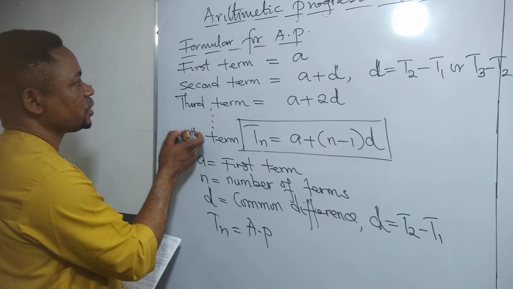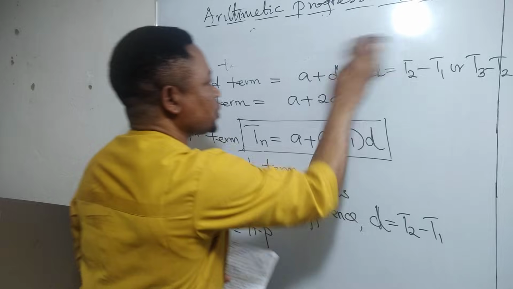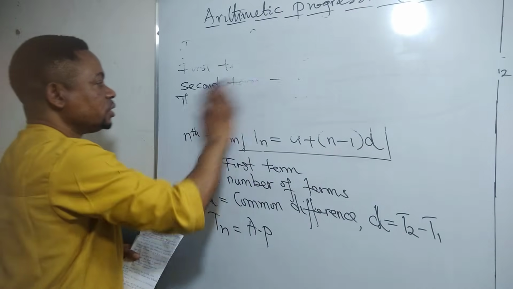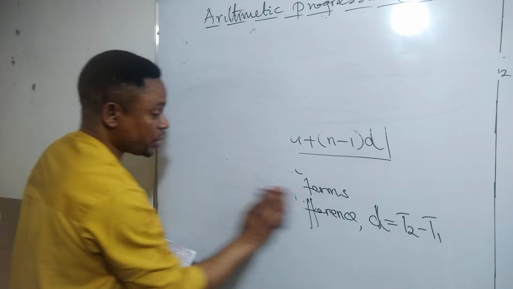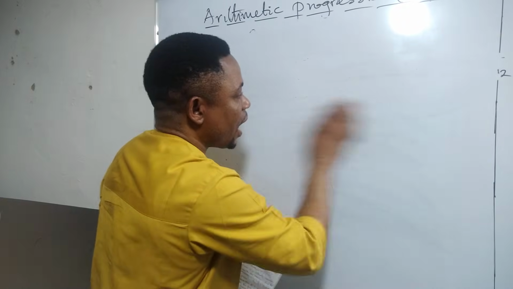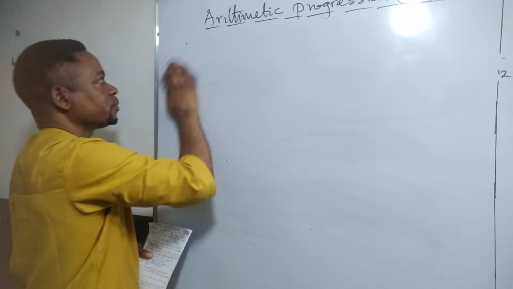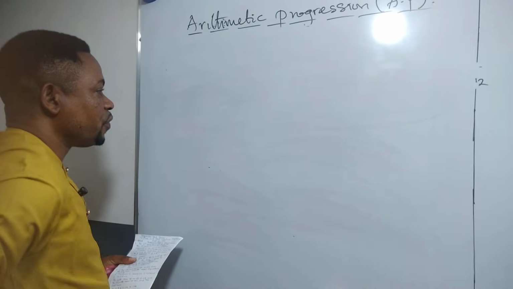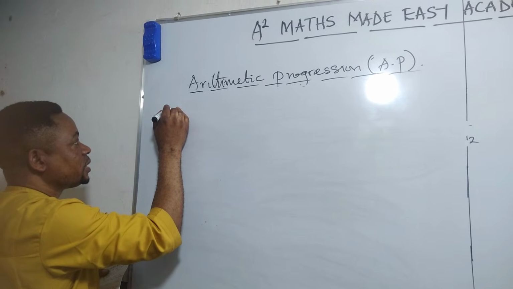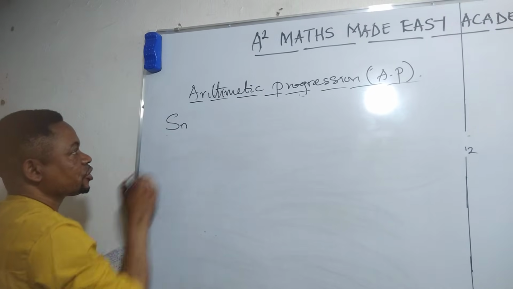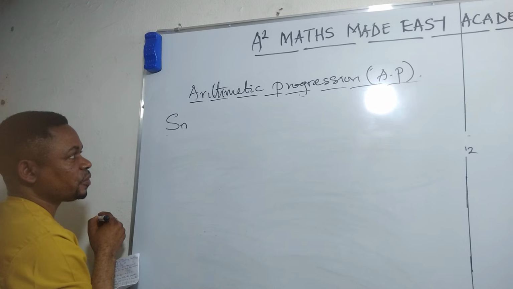Now if this is noted, I want us to discuss again how to solve the sum of arithmetic progression. I want you to watch. Now if you are discussing sum of arithmetic progression, it is represented by letter S subscript n.